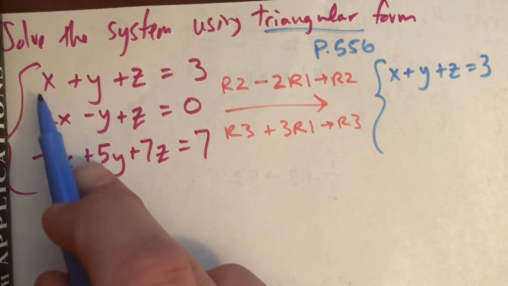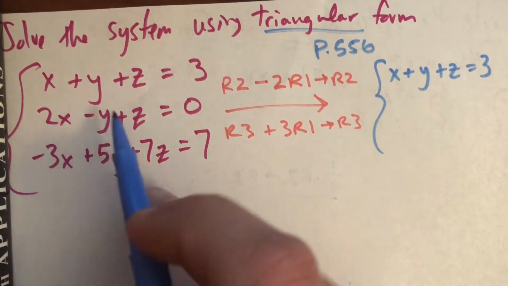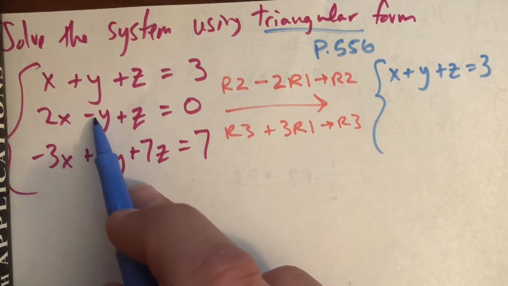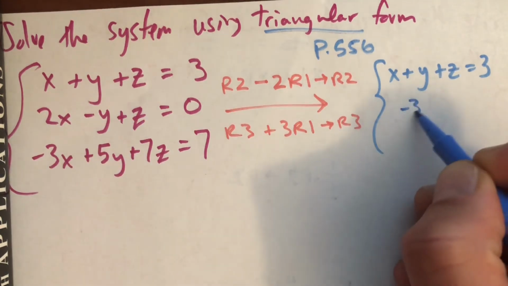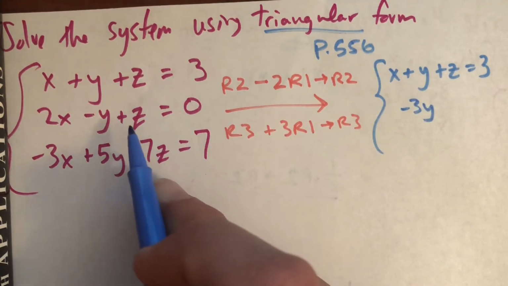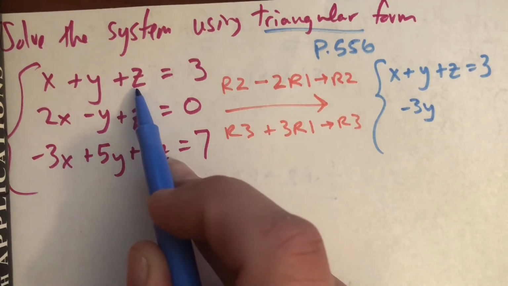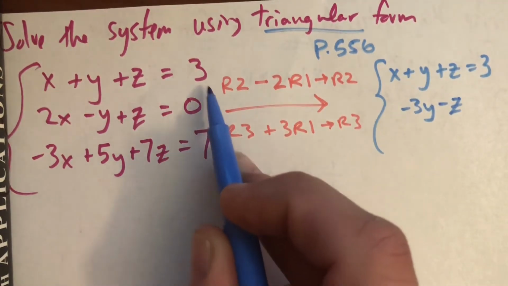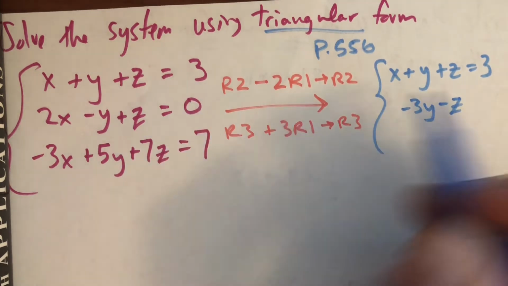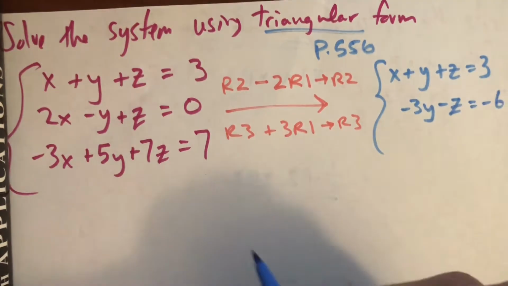So I've got 2x minus 2x, that's 0. I've got minus y minus 2 times y, so that's minus y minus 2y, so that's minus 3y. Z minus 2 times z, so that's minus z. And then I've got 0 minus 2 times 3, so that's minus 6.